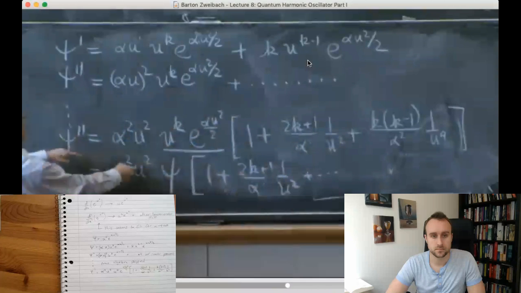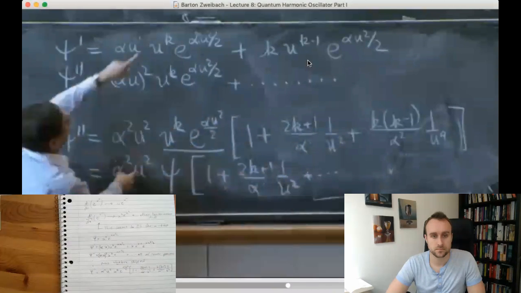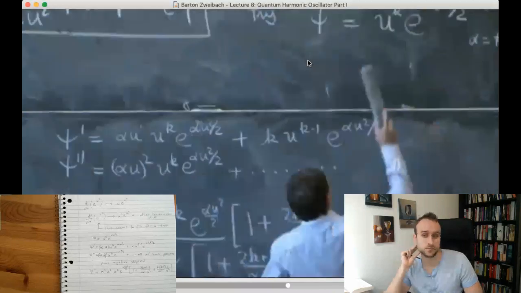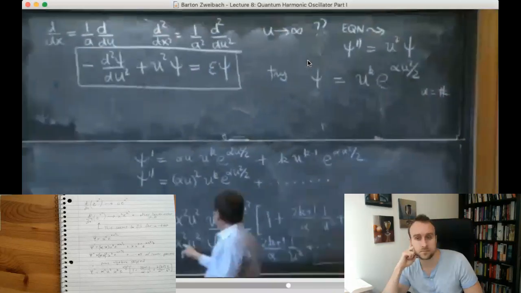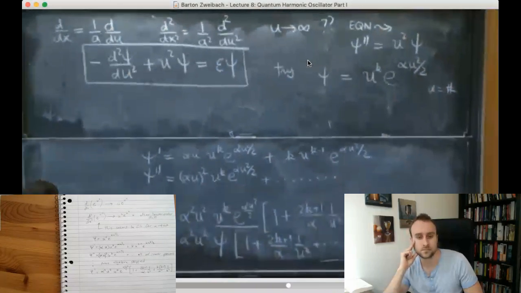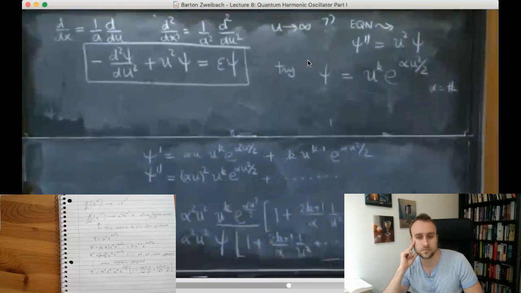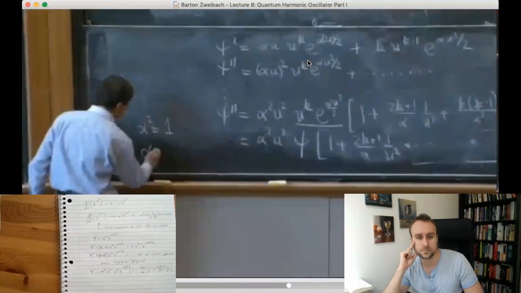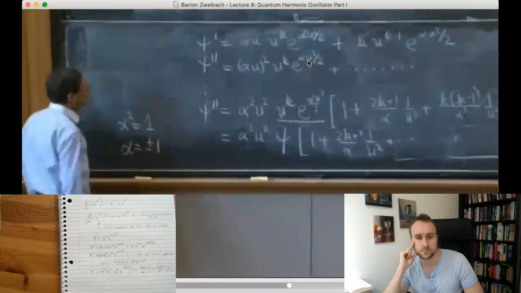So you get a number times u squared. That is the equation you're trying to solve up there. And therefore, you get that equation if alpha squared is equal to 1. And that means really that alpha can be plus or minus 1.